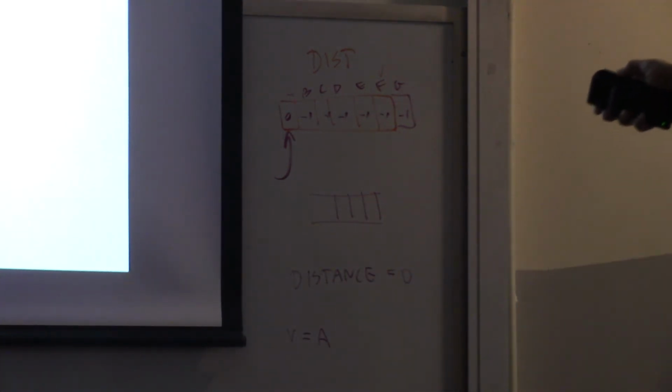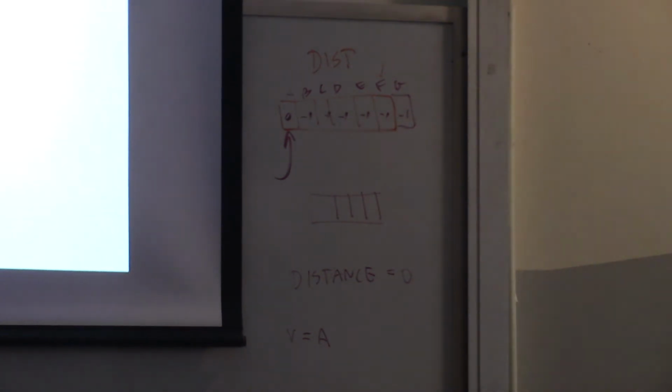After we remove V from the Q, we check if the distance of V is greater than distance. True or false? What's the distance of V? It's 0. Is it greater than distance? No, because distance is 0 and the distance of V is 0. So that's not true, and we don't increase the distance.